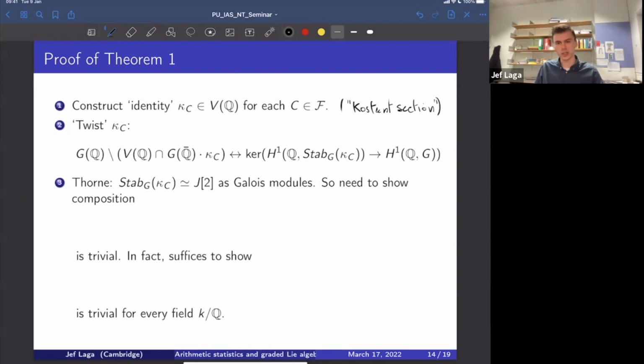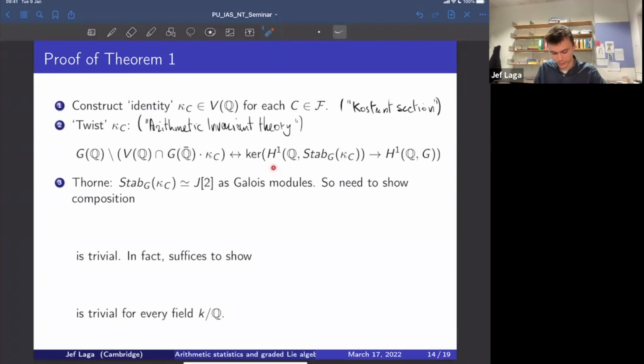And the second step is to twist this orbit and prove a relation with Galois cohomology. This bijection below here typically falls under the rubric of arithmetic invariant theory. And what it says is that if you consider all orbits of V(Q) such that over Q bar they become conjugate to this kappa C, then those are in canonical bijection with this kernel of pointed Galois cohomology sets.